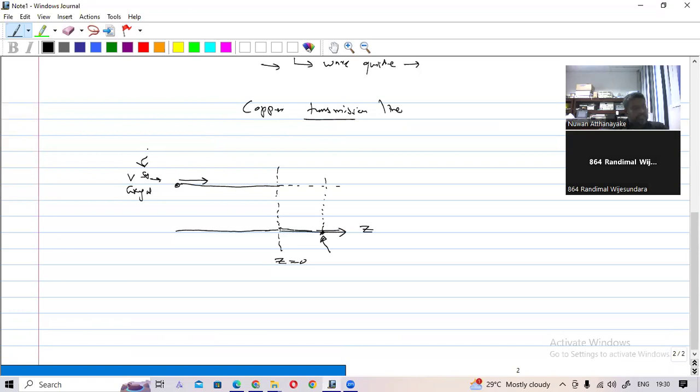A signal is a function related with time only, voltage with respect to time. But here it is propagating. So once it is propagating, voltage will change with time as well as distance. This is a wave.